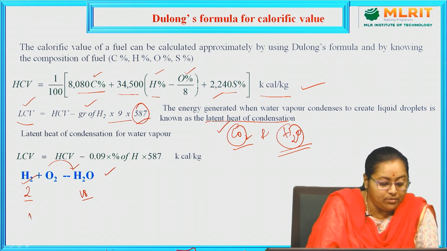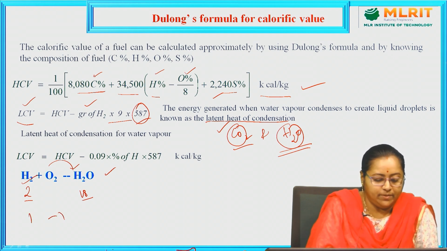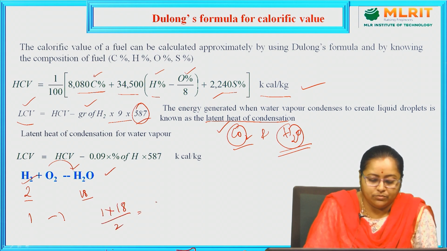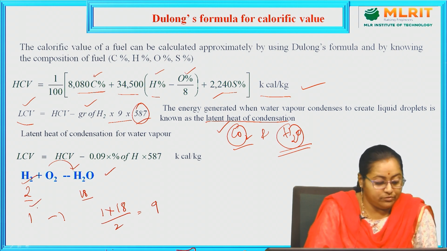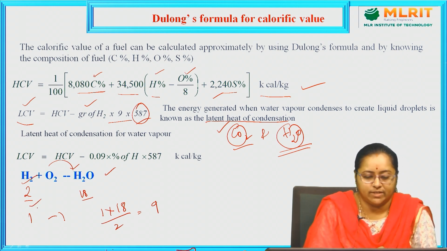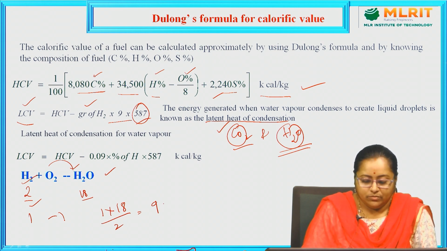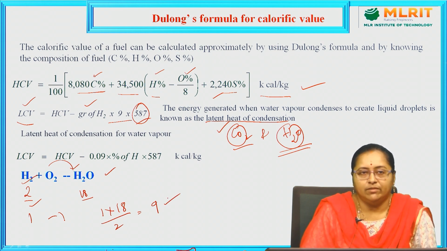For 1 mole, how will it be? 1 into 18 by 2, so we are getting 9. So, if 1 mole of hydrogen is subjected to combustion reaction, we get 9 moles of water.